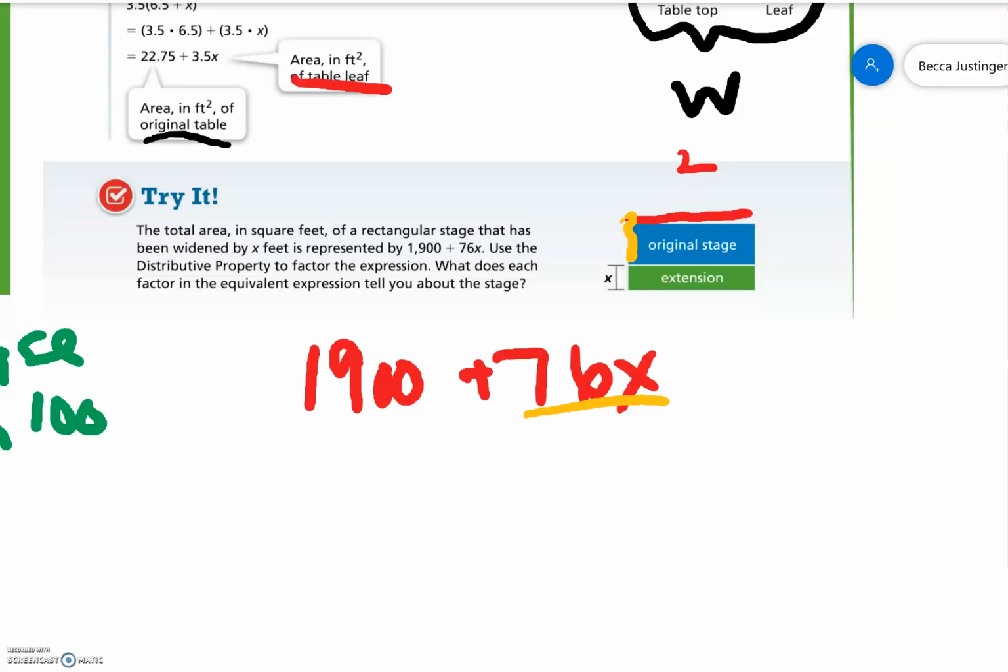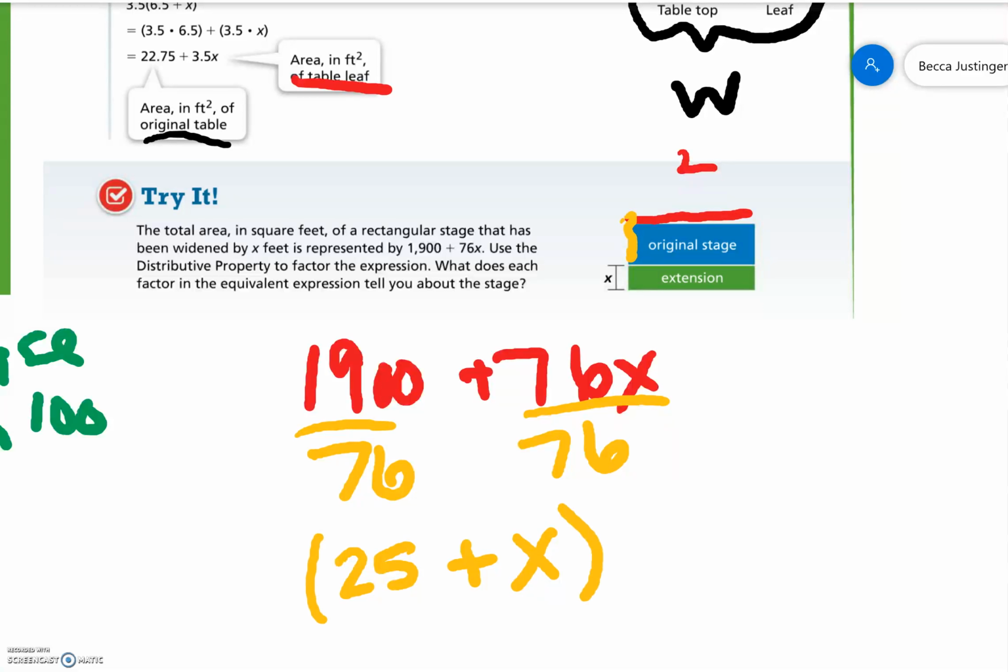So that tells me I'm going to try my GCF of 76 because I want that x to be by itself. So I take my calculator and I do 1900 divided by 76, and that equals 25. 76 divided by 76 cancels out. Please don't forget that last step of getting 76 on the outside.